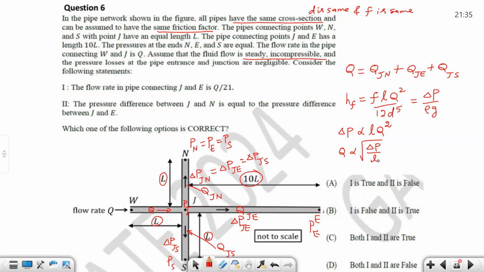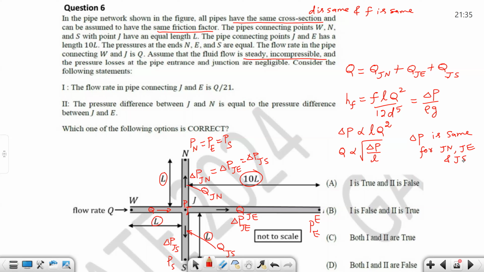But we know that for QJN, QJE and QJS, delta P is the same for JN, JE and JS.